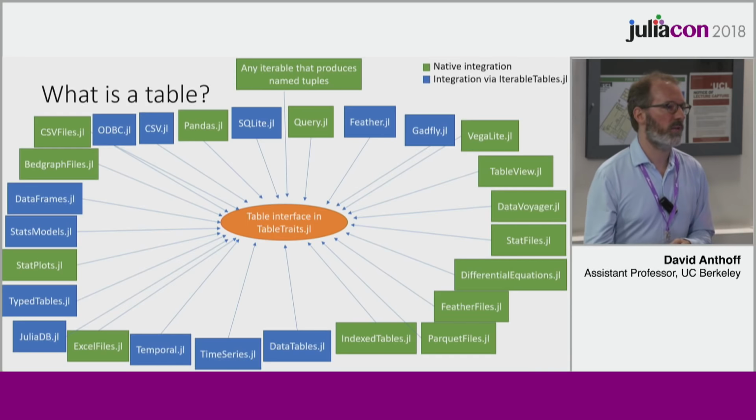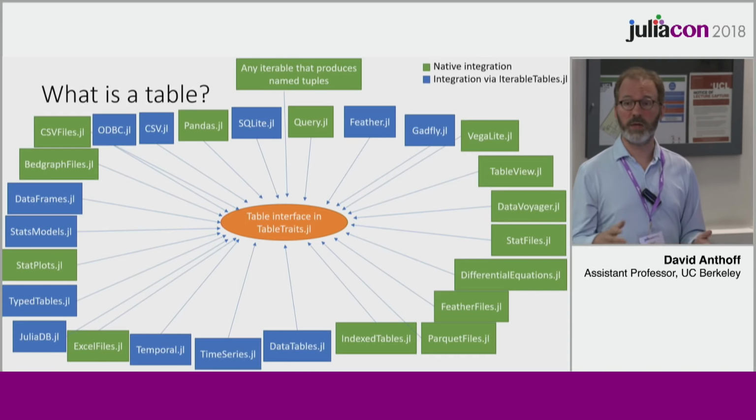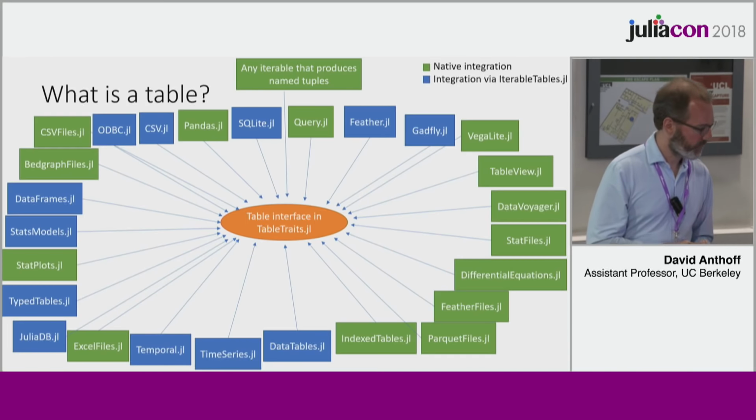All of these integrations for the blue packages live in a package called iterable tables that's maintained by myself. If you load that, then all the blue packages also participate in this interchange. My hope is that at some point iterable tables, the package, will die because all the packages have decided to natively integrate with this. But that's not where we are right now.